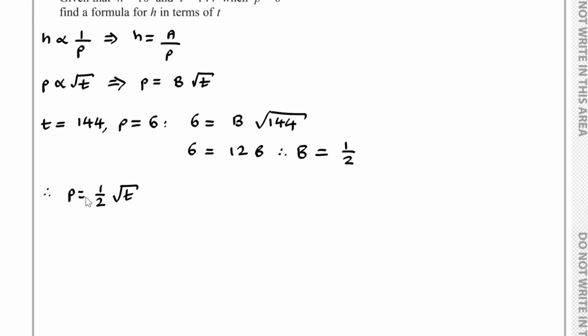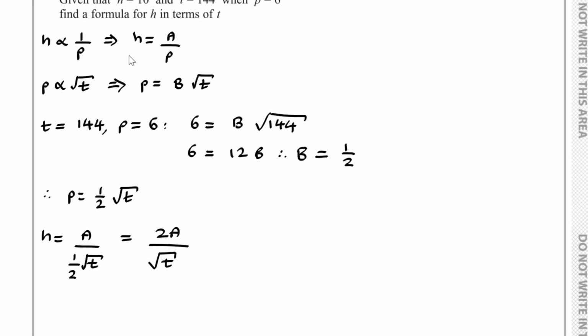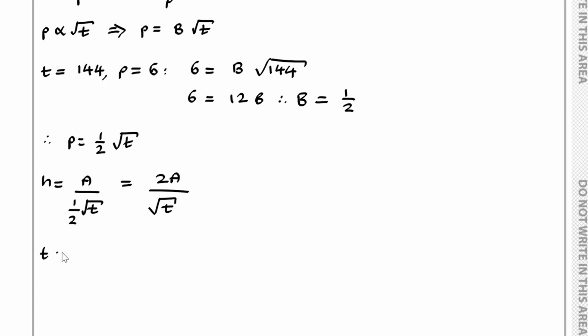So if we substitute this into here, we've got h equals a over p. So we have a over 1/2 times the square root of t. So therefore we have 2a over the square root of t. And we also know when t equals 144, h is equal to 10. So we have 10 equals 2a divided by the square root of 144.